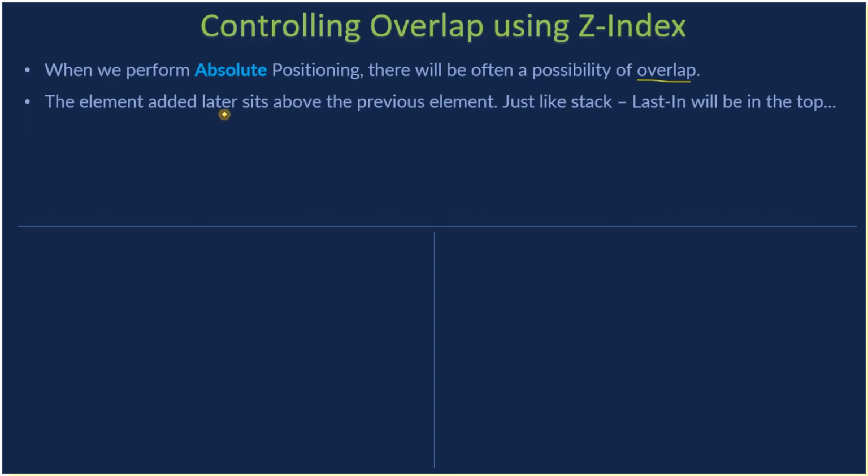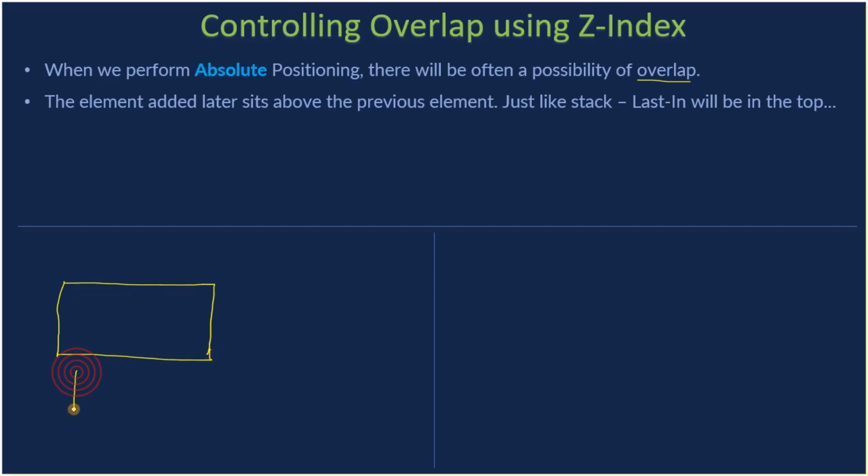The element added later sits above the previous element, so that's the default. Just like a stack, last in will be on top. Say for example, this is the element you added and you specified width and height for it.